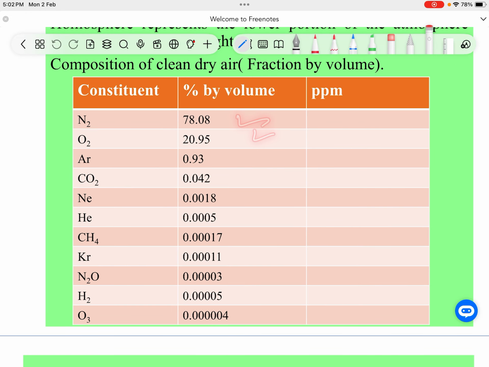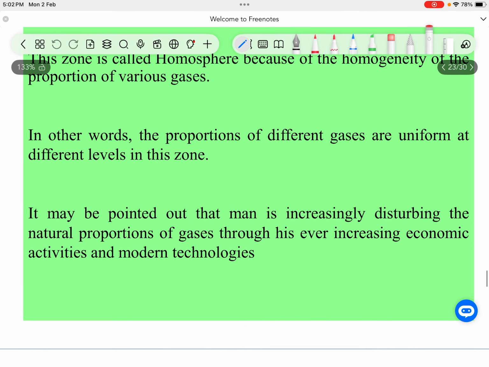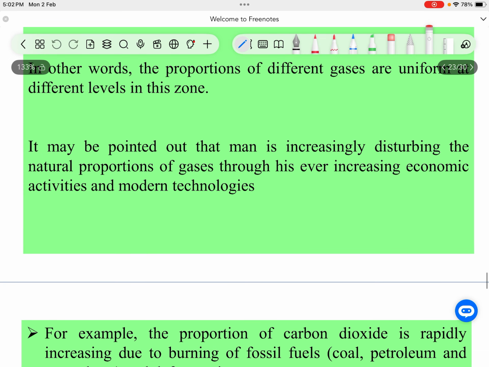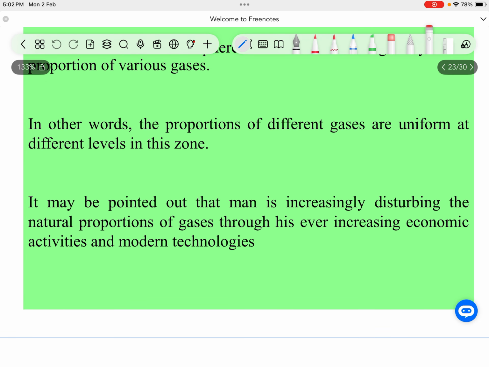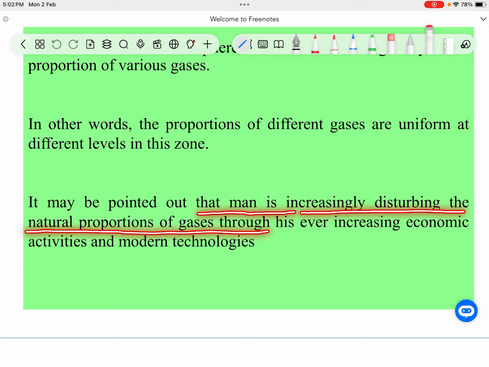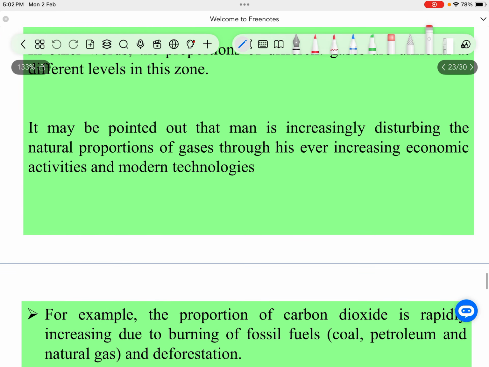So you can check the concentrations. Although humans are increasingly disturbing the natural proportion of gases through their ever increasing economic activities and modern technologies.